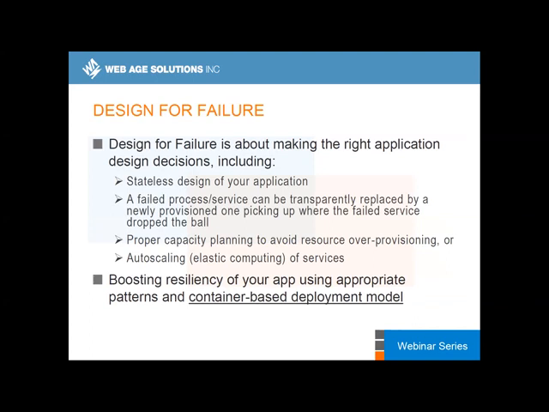All those things that we have discussed so far already align with the principles of that kind of design for failure. If you don't maintain state in your application, if you externalize it, or you create stateless communication, even better, you're good.